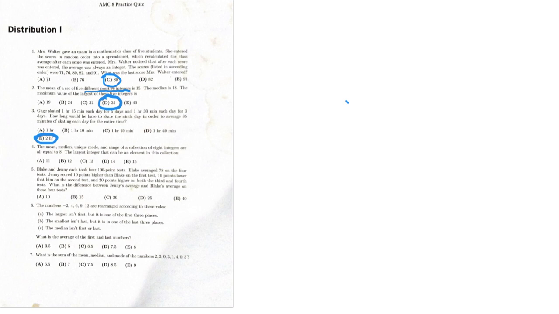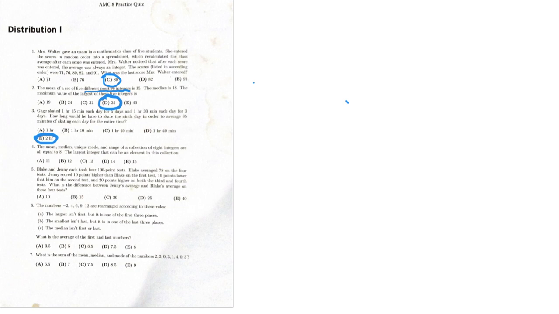So we have 8 numbers. The mean, median, unique mode, and the range are all equal to 8.